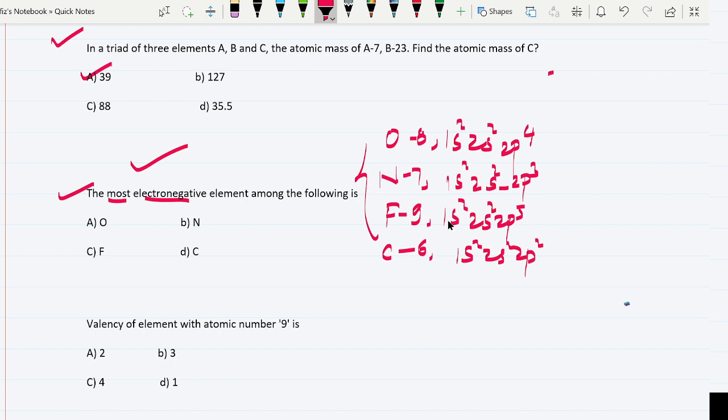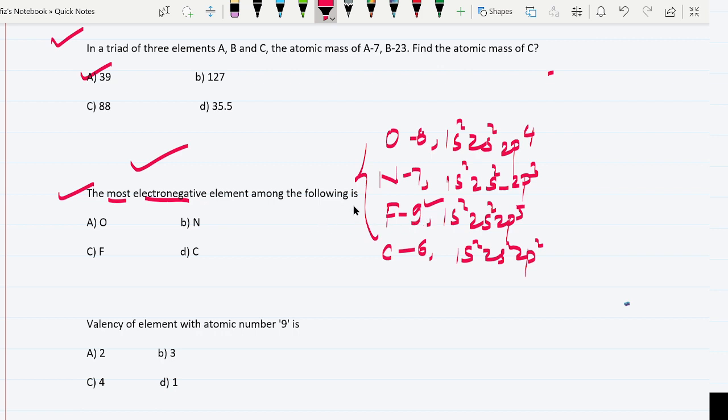Now how will you find which of these is smaller? The smaller the atom, the more electronegative it will be. See here, all the elements have an equal number of shells. Which will be smaller in that case? An element with greater atomic number. If all the atoms have the same number of shells, then remember, an element with greater atomic number will be smaller in size.